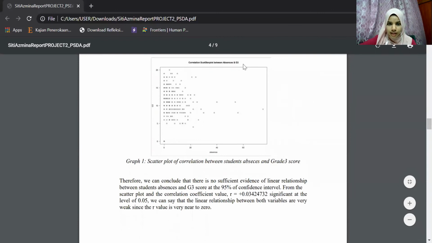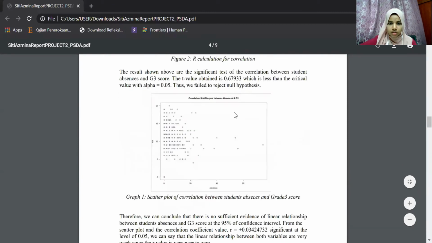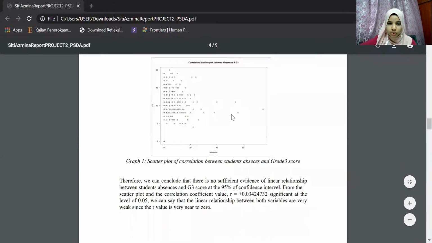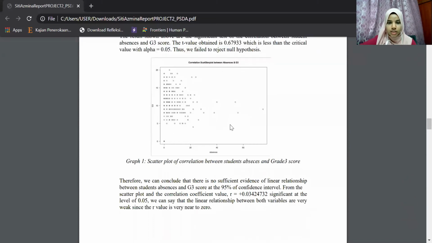This is the scatter plot for the correlation between students' absences and grade 3 score. From this scatter plot and the result that I obtained, we can conclude that there is no sufficient evidence of a linear relationship between students' absences and grade 3 score.